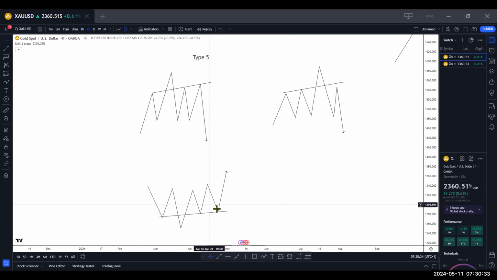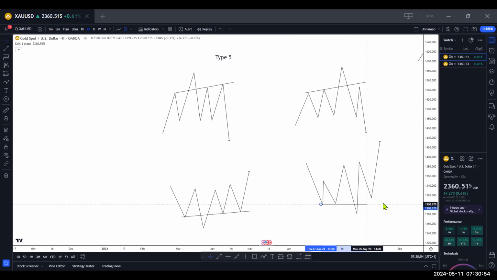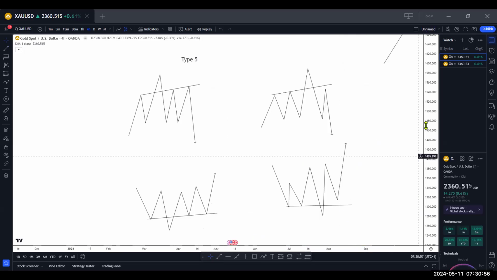You see this one has two shoulders after the apex. This is two shoulders before the apex, entry. First touch, second touch, entry. Okay, so this is type 5.